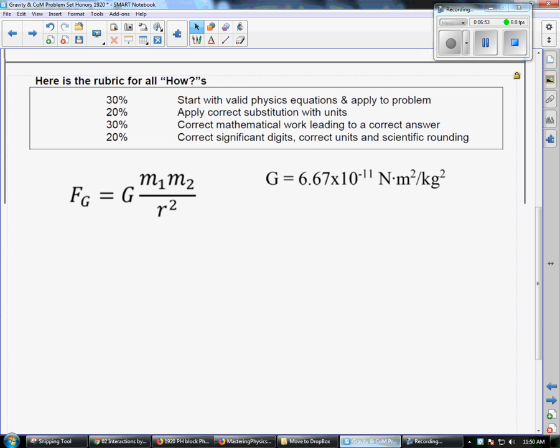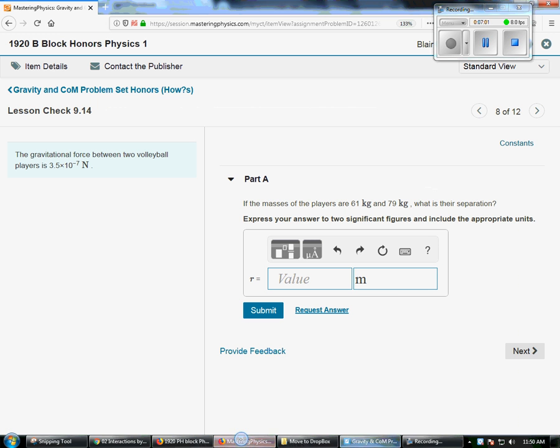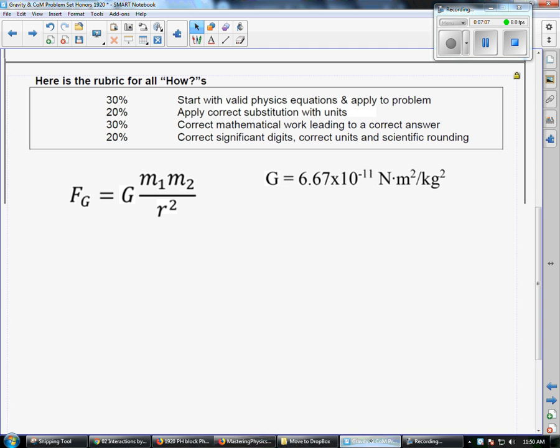Well, yes, because big G is in newtons, meters and kilograms. So I don't even have to do any unit conversions. So 3.5 times 10 to the minus 7 newtons. That's my F sub G.